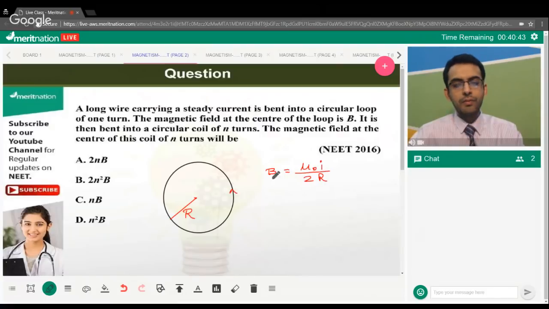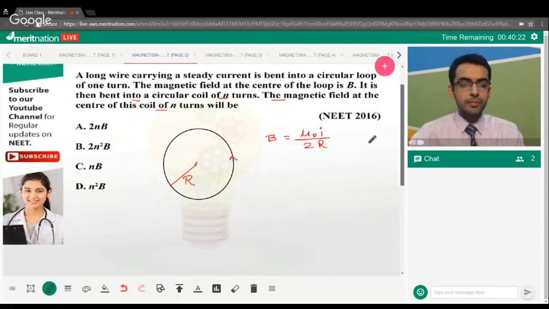So this is the value of B. It is then bent into a circular loop of n turns. The magnetic field at the center of this coil of n turns will be.